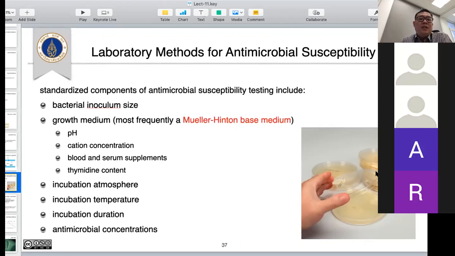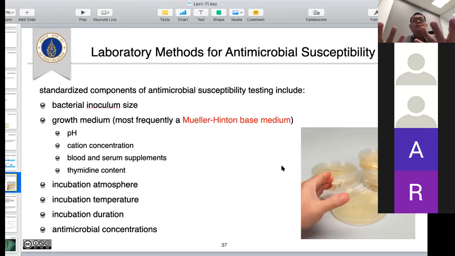The starch can absorb all the toxins that bacteria produce, okay? Some bacteria produce a lot of toxin, then the starch inside Muller-Hinton absorbs all the toxin. So bacteria will die by the effect of the antibiotic alone, not antibiotic plus toxin. So Muller-Hinton helps you measure the ability of the antibiotic very exactly, okay?